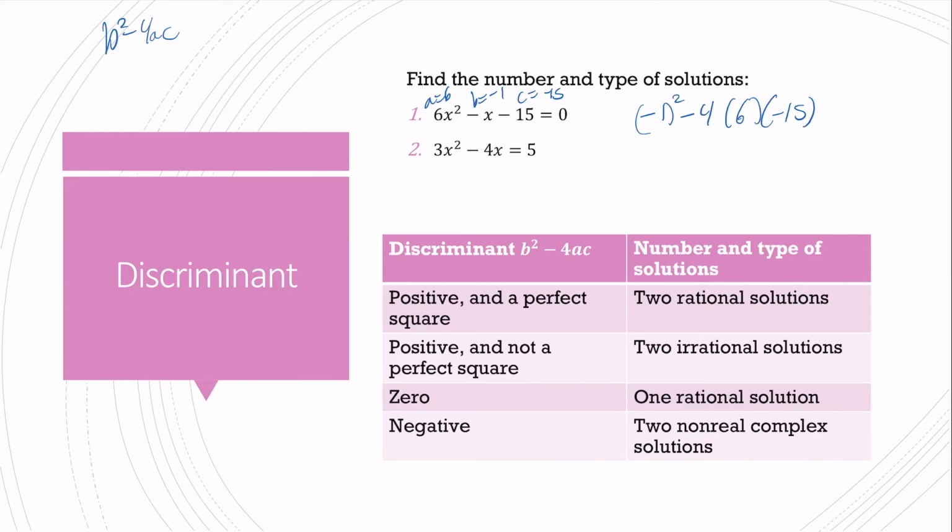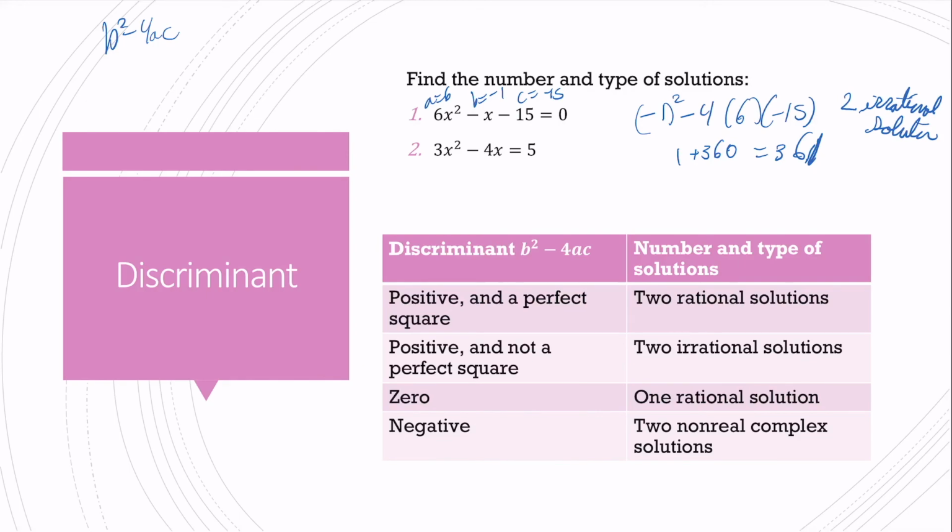So that gives me 1 plus 360, so it is 361. That means I'm going to have 2 rational solutions.